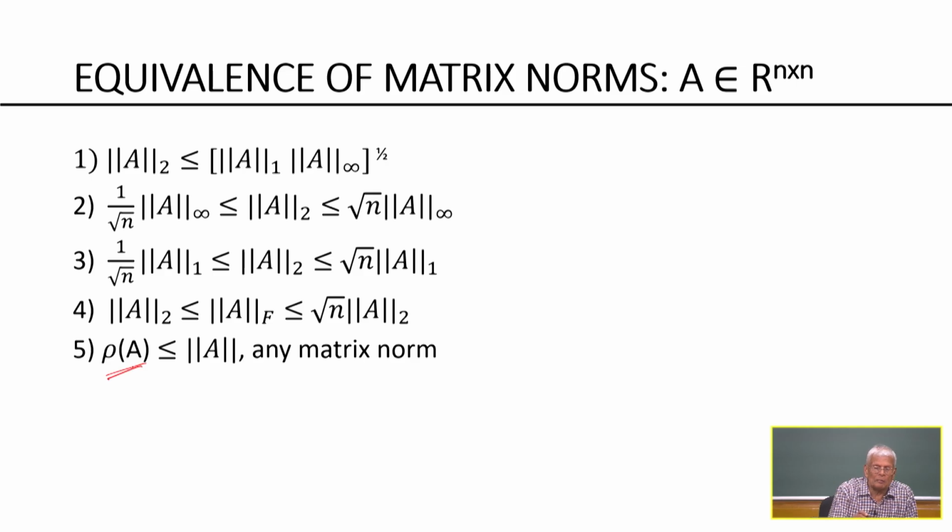The spectral radius is less than any other norm. I did not put any subscript here. So if I say this is a general norm, rho of A is the spectral radius. So spectral radius less than norm of A means what? The spectral radius is the lowest of all the other norms.